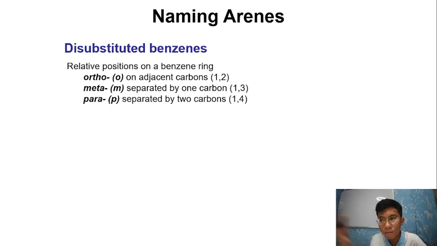So, ortho, simplification lang is O, meta, M, and para is P. So, ano yung relevance or significance of ortho, meta, para na yan? So, the substituents are located in positions 1 and 2 in your benzene ring, you call that your ortho. Then you have the meta, the 1, 3.